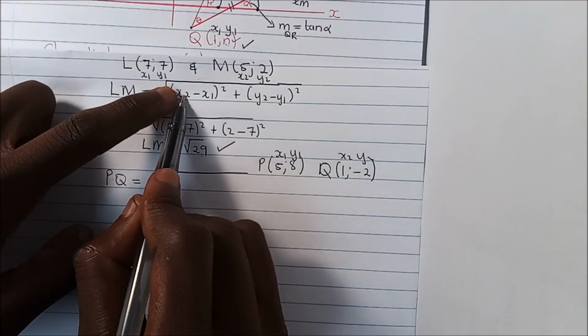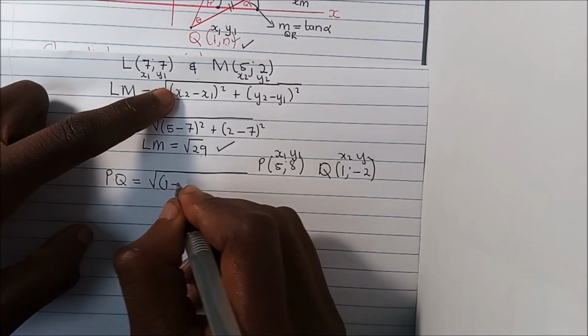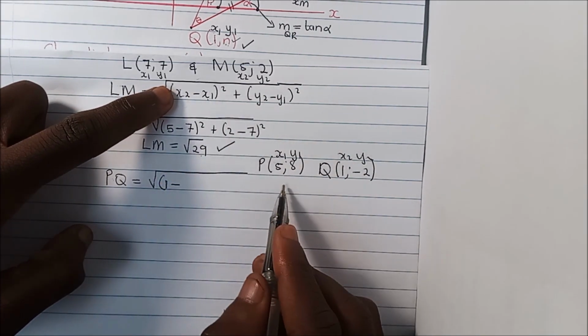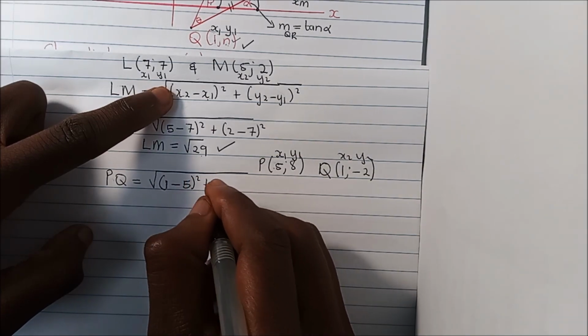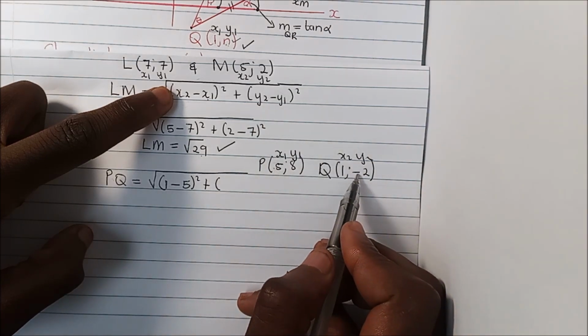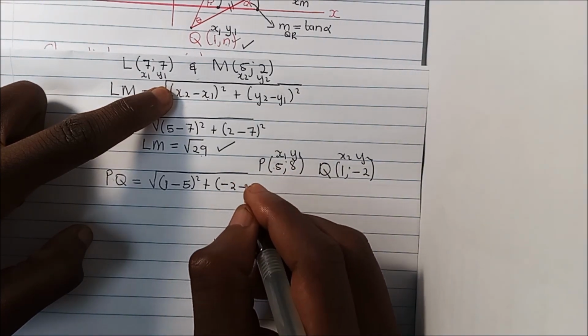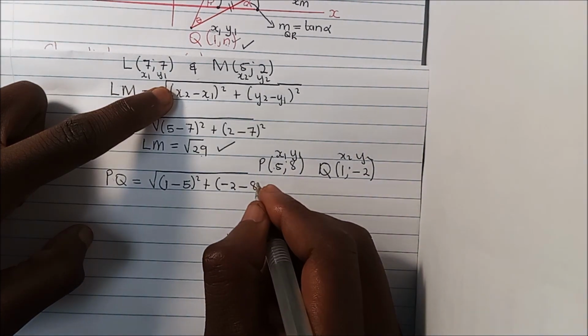From the formula, it's x2. What is our x2? That's 1 minus, and then what is our x1? Our x1 is 5, all squared, plus what is our y2? According to the formula, our y2 is -2 minus y1. What is our y1? It's 8, all squared.